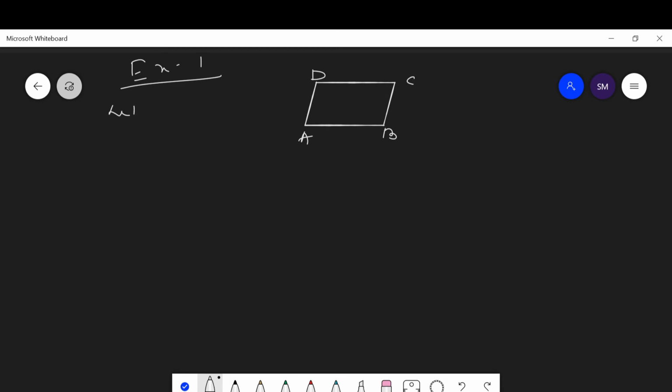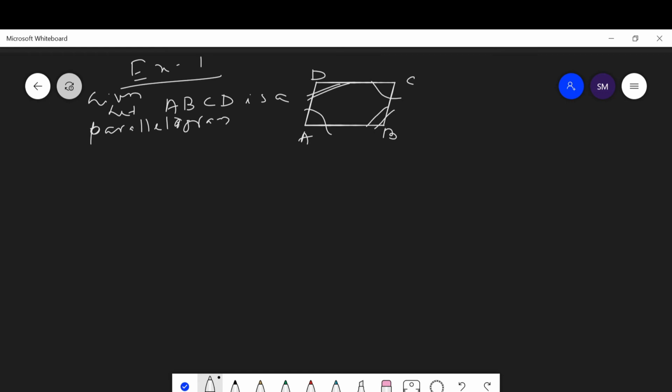Given that ABCD is a parallelogram in which opposite angles are of the same measure. Here angle A is equal to angle C, angle B is equal to angle D.